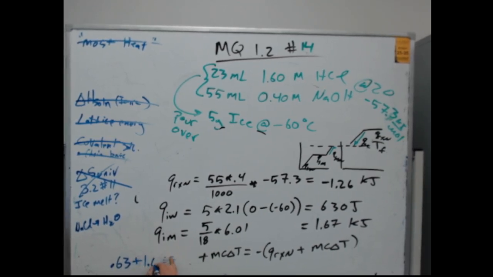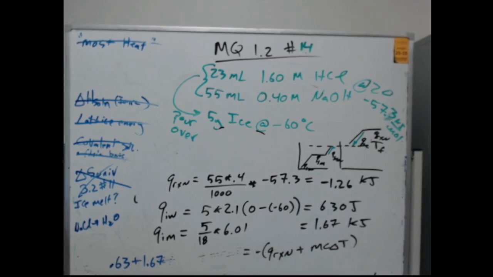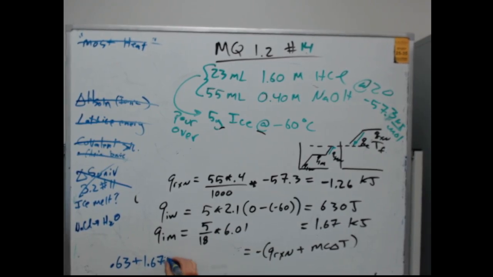Plus 1.67. My MC delta T, this is for my melt warming. So in that case, my M is just the 5 grams. My heat capacity is the 4.184. And my delta T is the part that I don't know. T final minus 0.